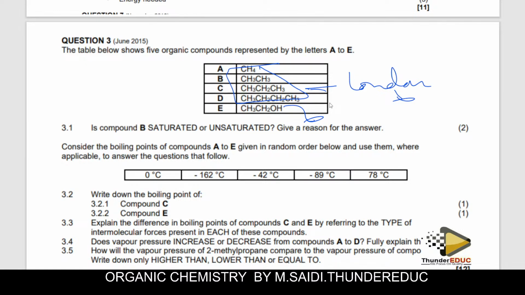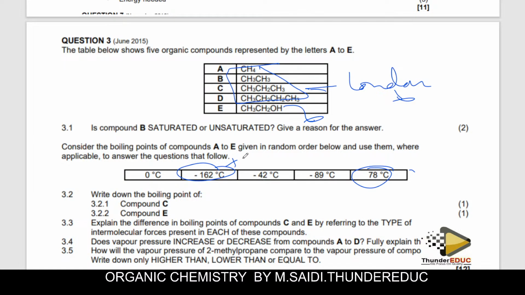Therefore, the boiling point has to be the highest among all. So if you come here, the highest boiling point is this. Don't forget that this is negative. Yes, so negative is this one, 0 is higher than this.